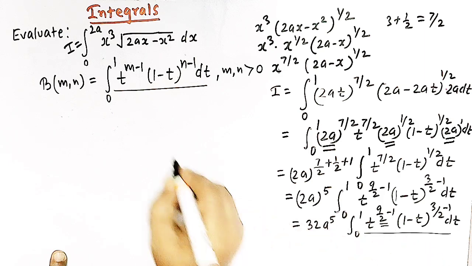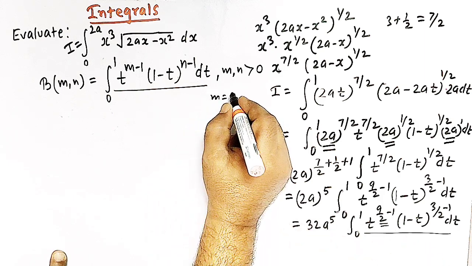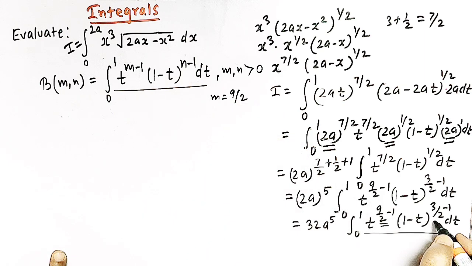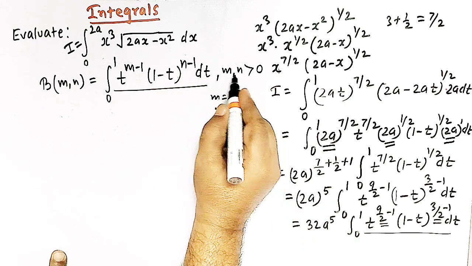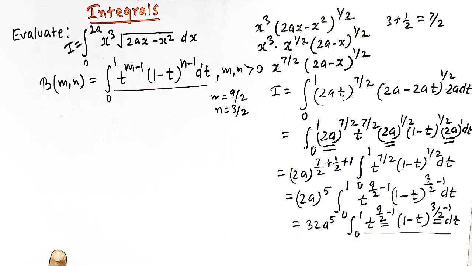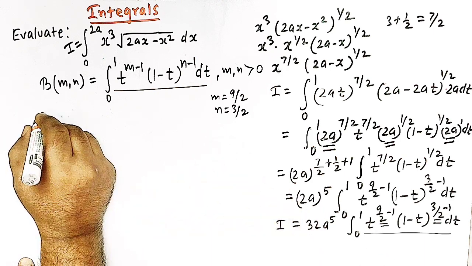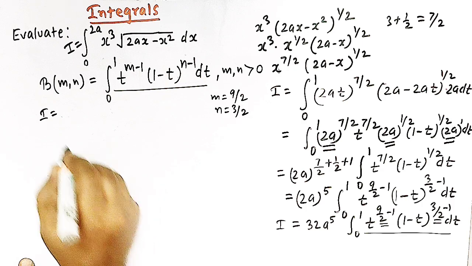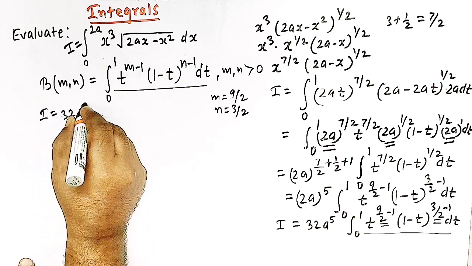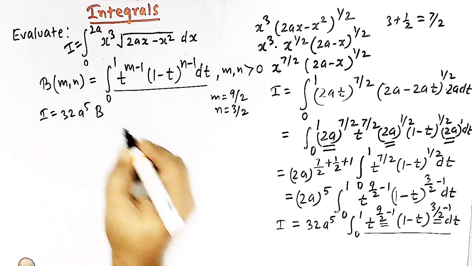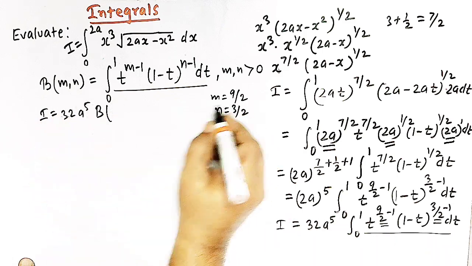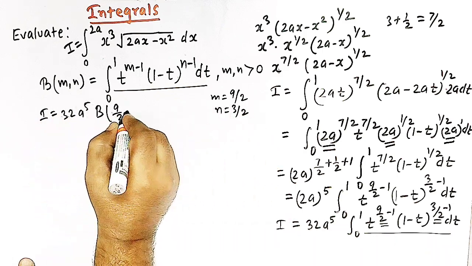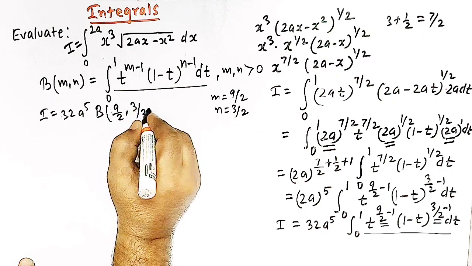So the value of m is equal to 9 over 2, and the value of n is 3 over 2, and both m and n are greater than 0, right? So now the integral I can be represented as 32a raised to 5, and here we have the beta function, that is beta m comma n, and we have 9 by 2 comma 3 by 2.